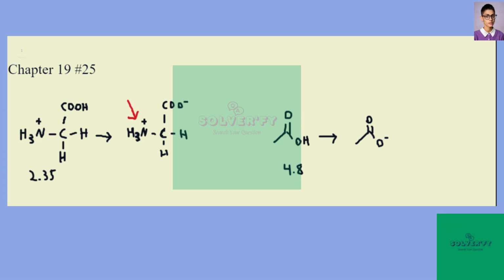And the presence of that positive charge on that nitrogen is actually going to have an electron withdrawing effect. So some of the negative charge on the carboxylic acid in glycine is going to be withdrawn towards the nitrogen through the carbon. And so this serves to stabilize this conjugate base.